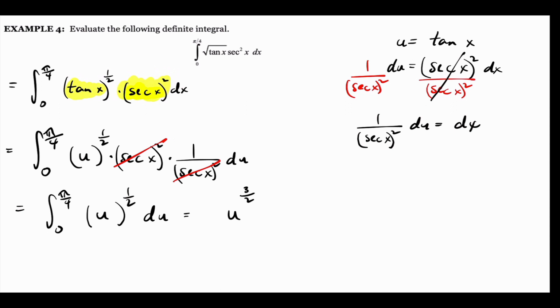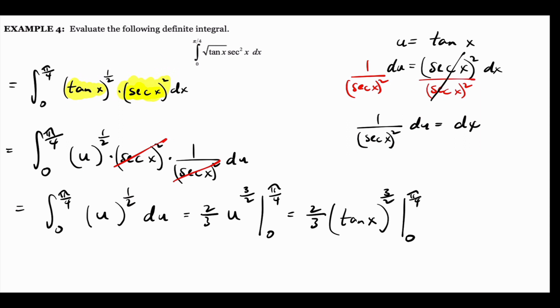If I divide by 3 over 2, it's the same as times 2 over 3. So 2/3 u to the 3/2, no plus c. I have to evaluate it now from 0 to pi over 4. Put tangent of x back in for u: tangent of x to the 3/2 power, evaluated from 0 to pi over 4.